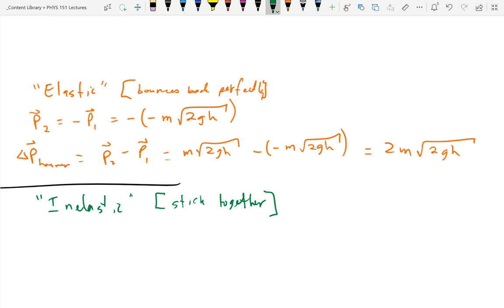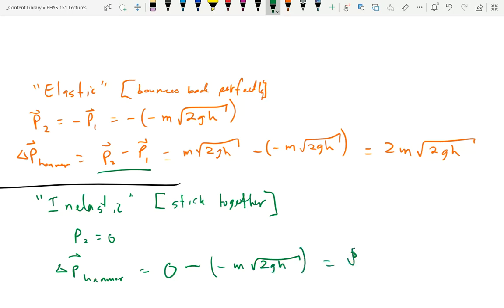But in our case, that's going to be, in practice, momentum 2 equals 0. And so the change in momentum of the hammer is equal to the momentum final minus the momentum initial. It's still that equation. M square root 2gh. So the change in momentum for the hammer was twice as much in the first case as it was in the second case.